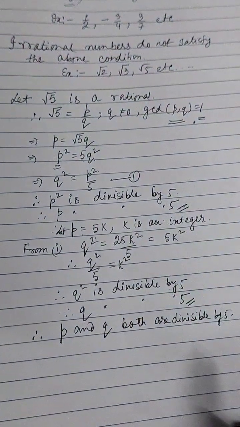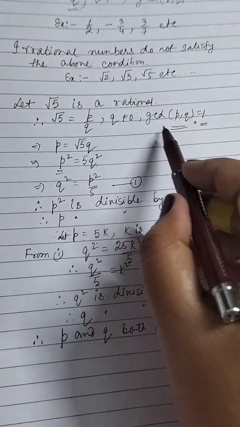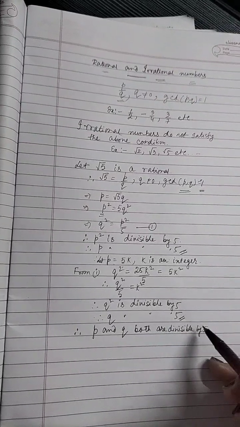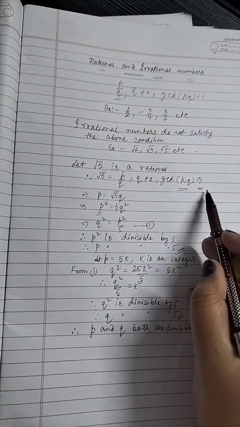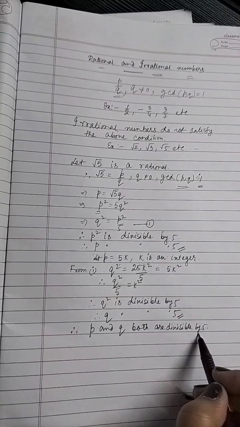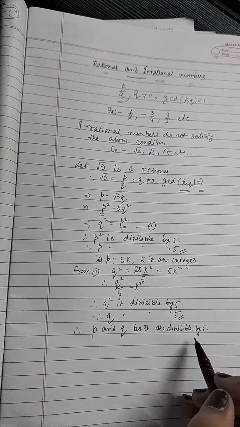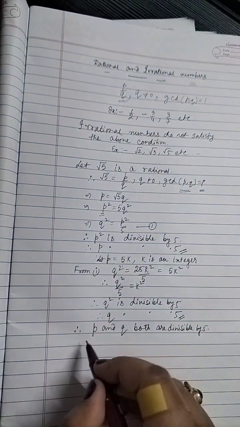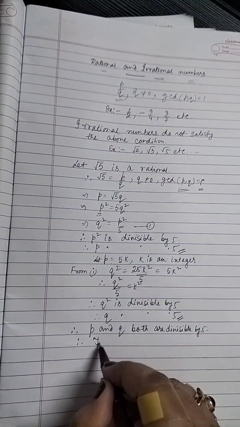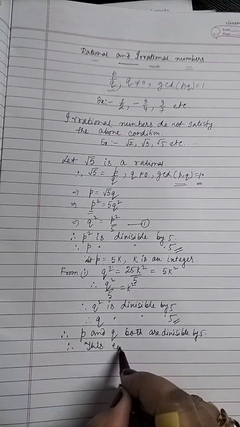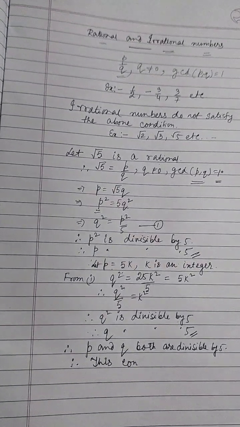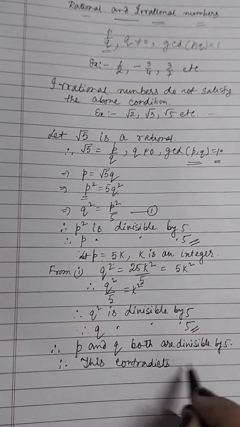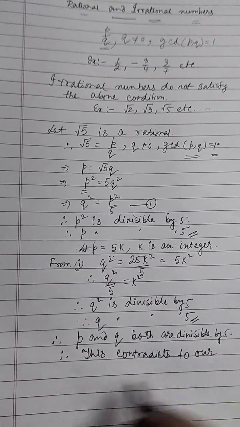In the standard form of a rational number, if we consider the form P by Q, the greatest common divisor of P and Q should be 1, but here it is 5. So obviously it is a contradiction to our assumption that root 5 is a rational number. So this contradicts our assumption.